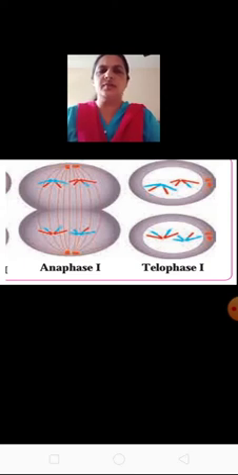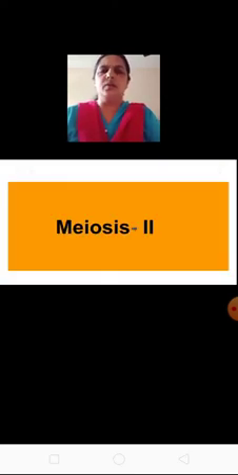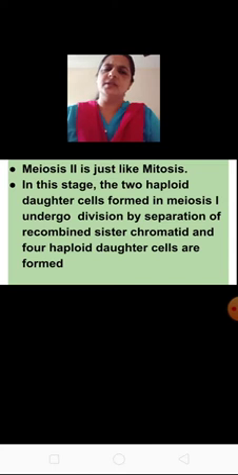Understood meiosis 1? Okay, now we will go to meiosis 2. Meiosis 2 is just like mitosis, the same way. But 2 daughter cells will take part in this meiosis 2.